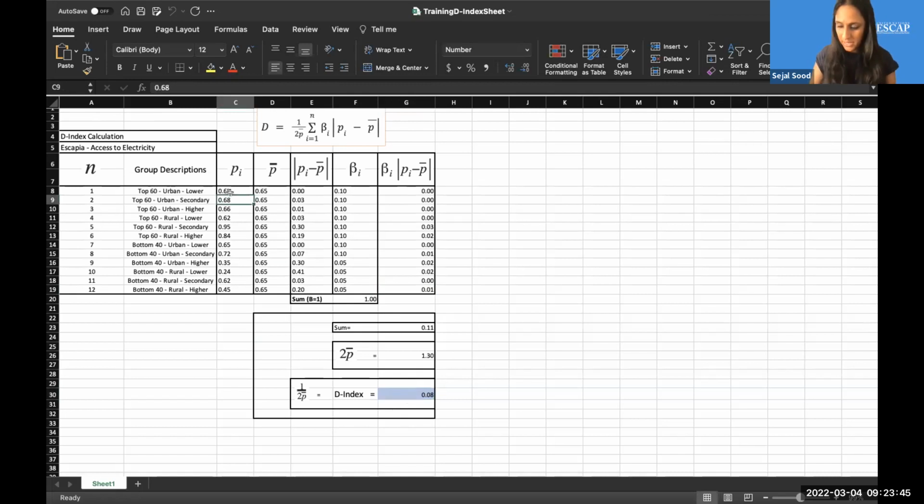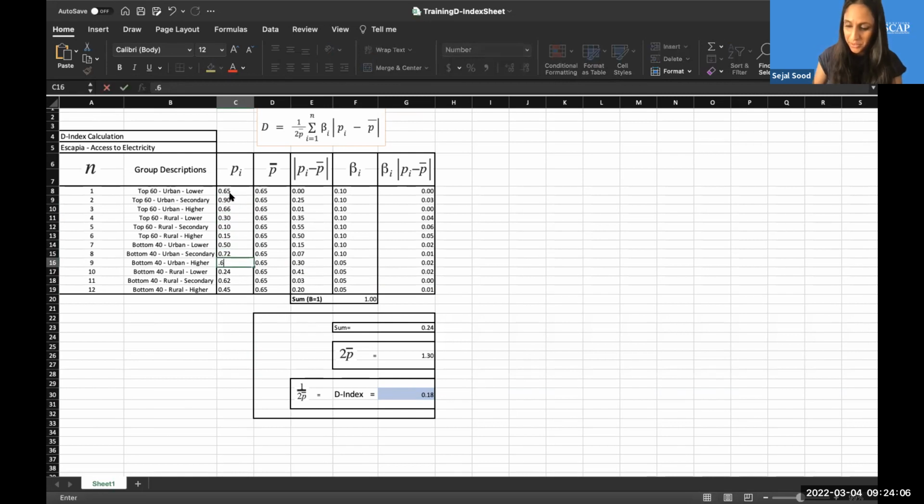Now, if we just play around with some numbers here and change them, you will see that our D index changes quite significantly. So if these groups have a varied amount of access, you will see that our D index actually increases quite a bit.